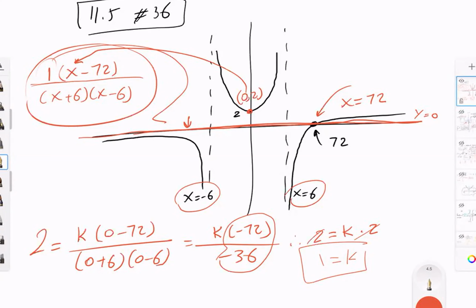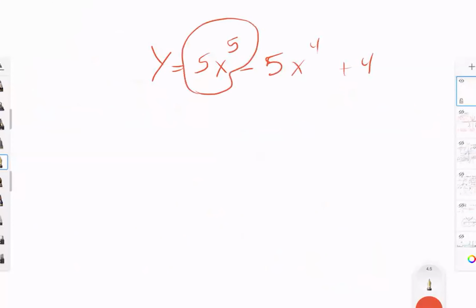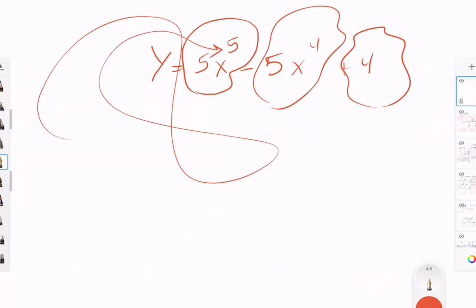I know the polynomial degree is 5, but I don't know what a term is. We have y equal to 5x to the power 5 minus 5x to the power 4 plus 4. They are 1 term, 2 terms, 3 terms. The degree will be this guy. Degree is 5. Okay.